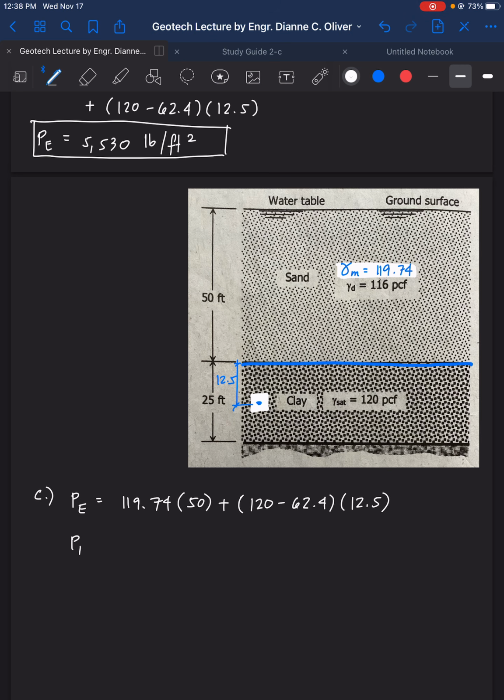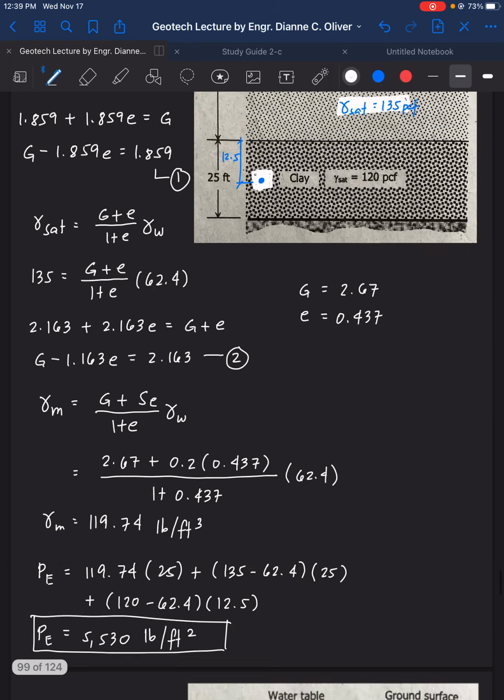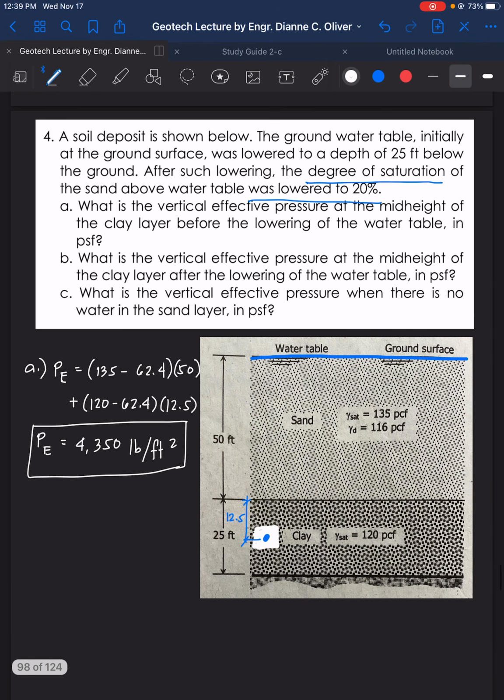So P effective now is equal to 6,710 pounds per square foot. Okay, so that's the answers for number 4.